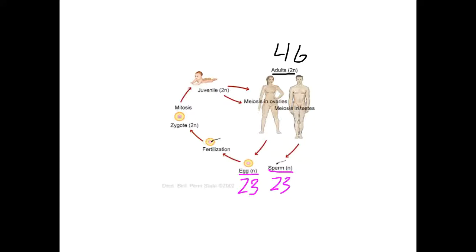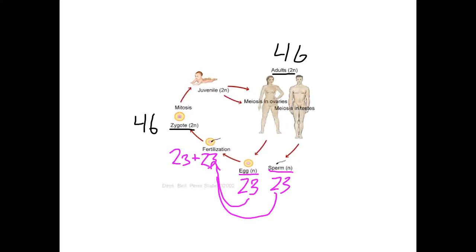Why do we have to do that? We do that because the next event is fertilization, where the 23 and the 23 add together to give us the zygote, which is again diploid, 46 chromosomes.